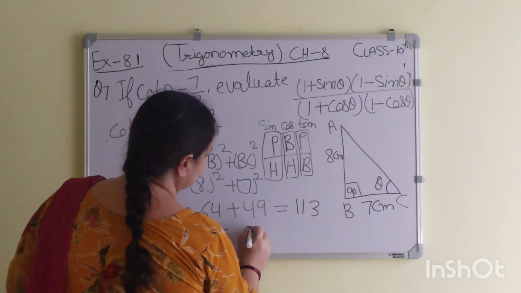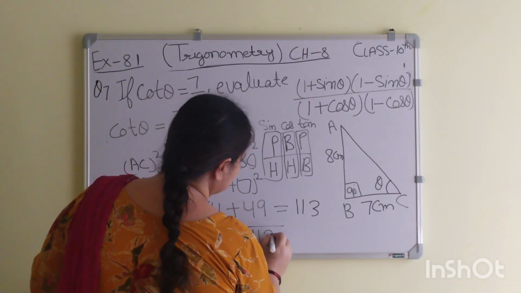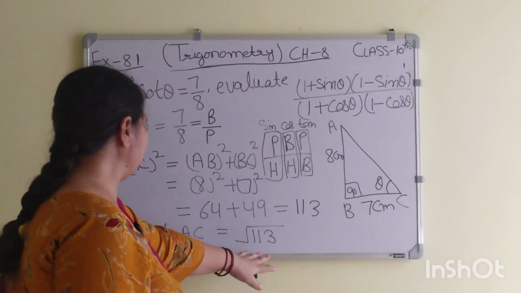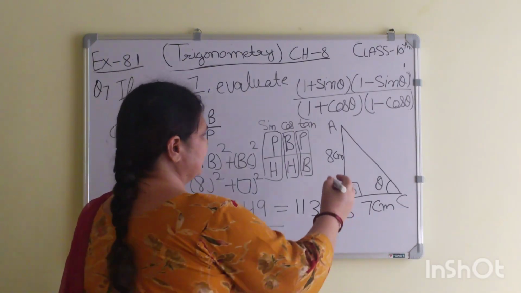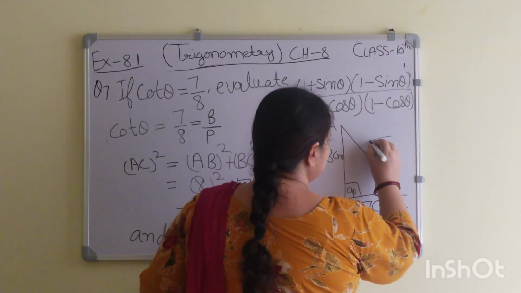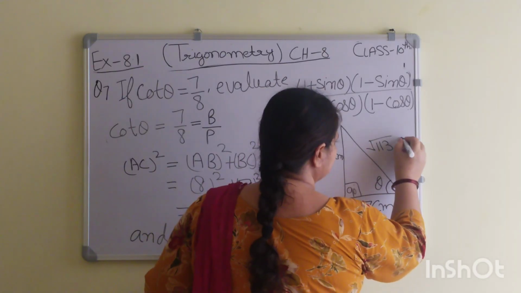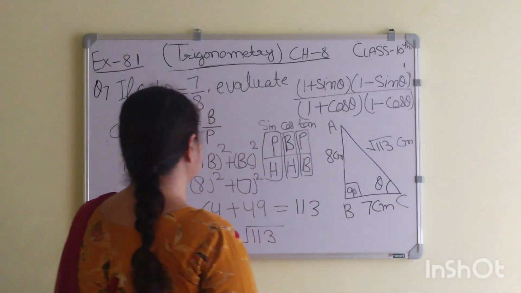AC is equal to root 113. So the value of hypotenuse is equal to under root 113 centimeter.